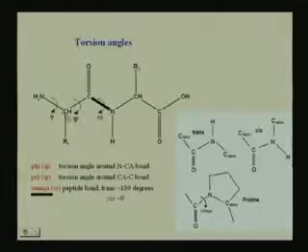What is this? This is the C alpha, to which is attached the R group. This is the C double bond O. What was attached here originally? An OH, which has lost its H with this amino group H to form the peptide bond.